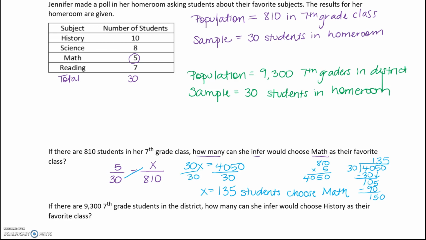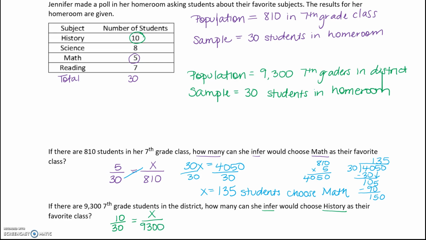So again, this time we're looking at history. How many can she infer will like history as their favorite? 10 students out of 30 students preferred history. So how many students out of 9,300?